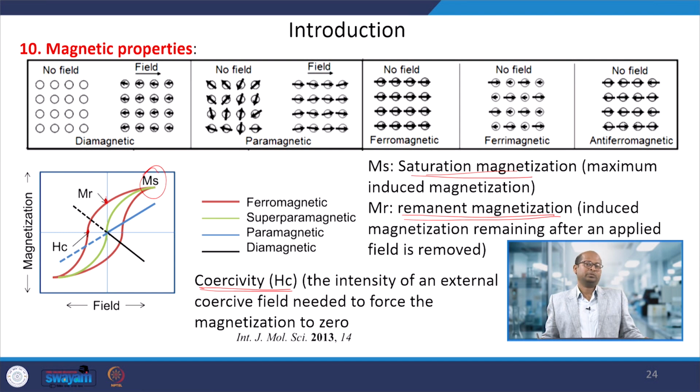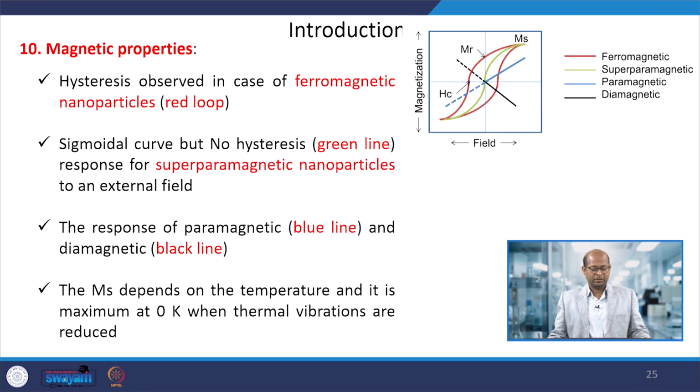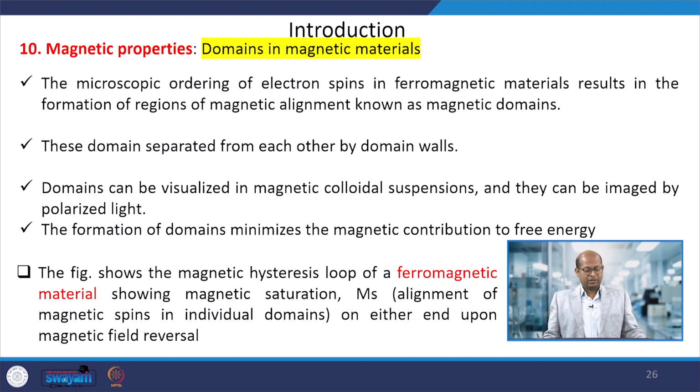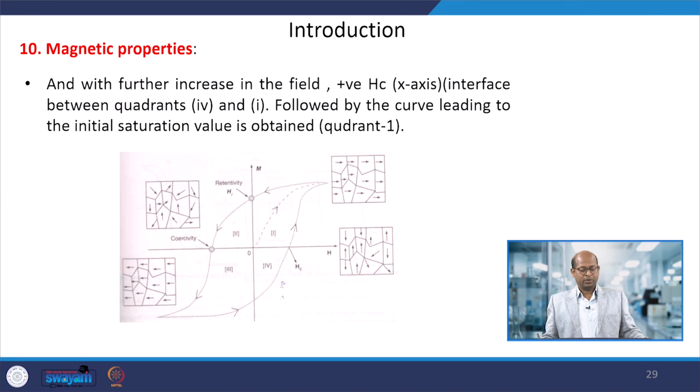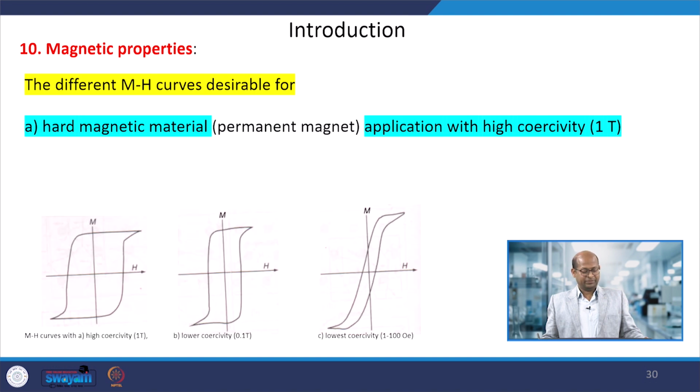Depending upon the material we have prepared, the locations of MS, MR and HC will change, and then we can classify or characterize whether the material is paramagnetic, ferromagnetic, antiferromagnetic, diamagnetic, whatever.